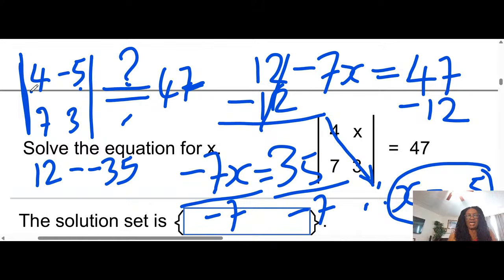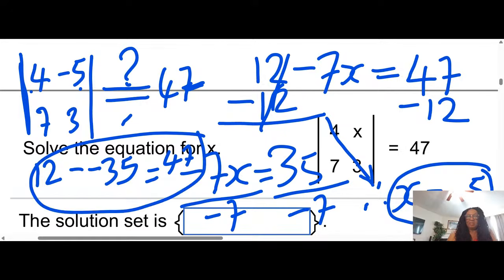So I have 12 plus 35, which is equal to 47. Therefore, my answer checks. So you can actually know if you are correct even before you turn in your paper. You want to make sure that you're correct.